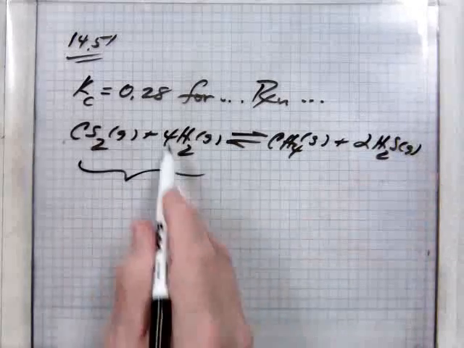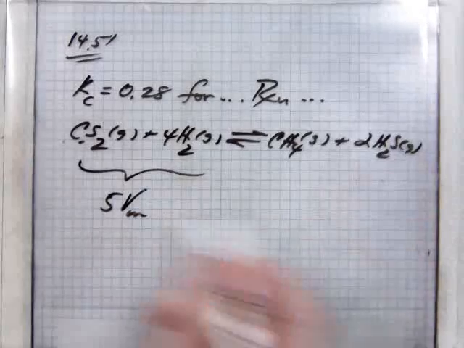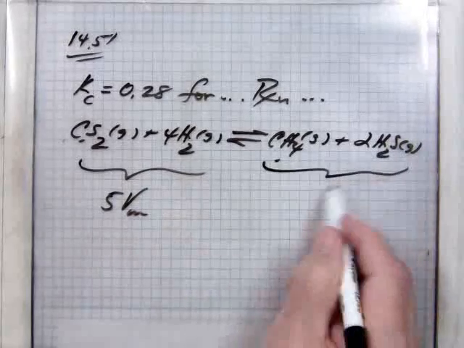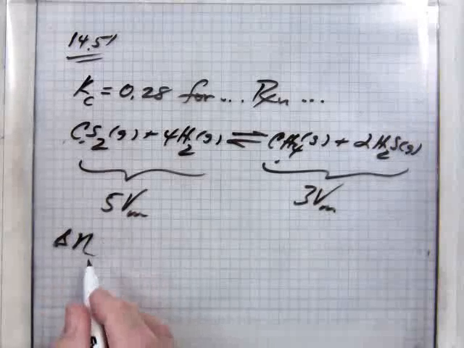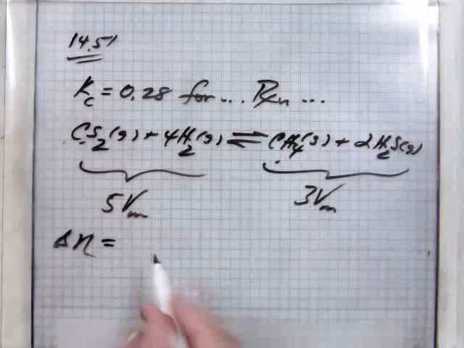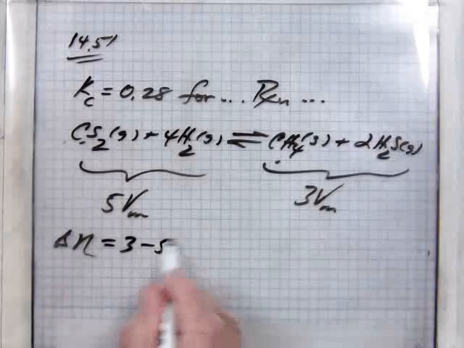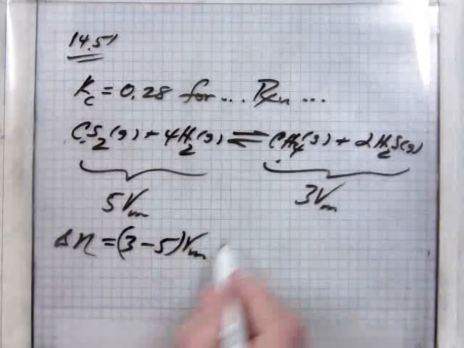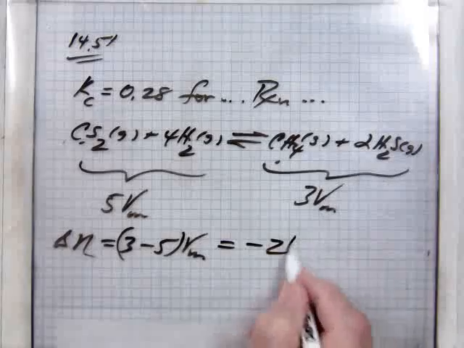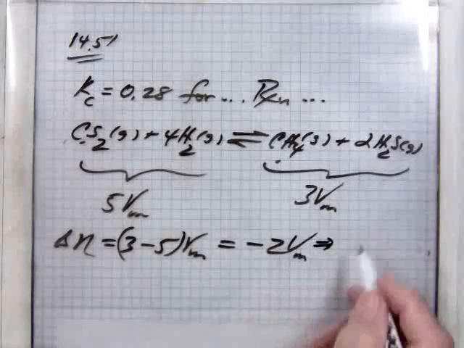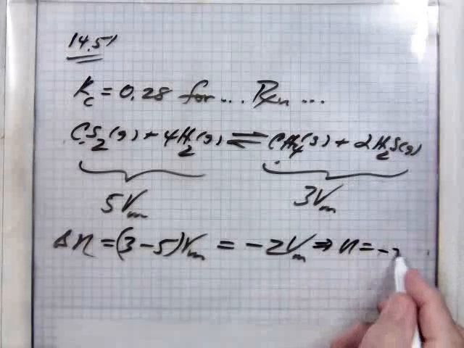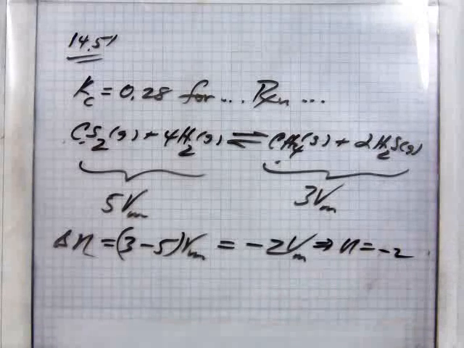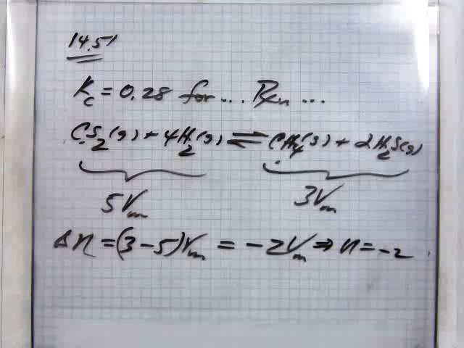So when we look at the 5 molar volumes on one side and 3 molar volumes on the other, the change in molar volumes, delta n, is 3 minus 5, which is minus 2. And this gives delta n equal to minus 2 in the Kc to Kp expression.